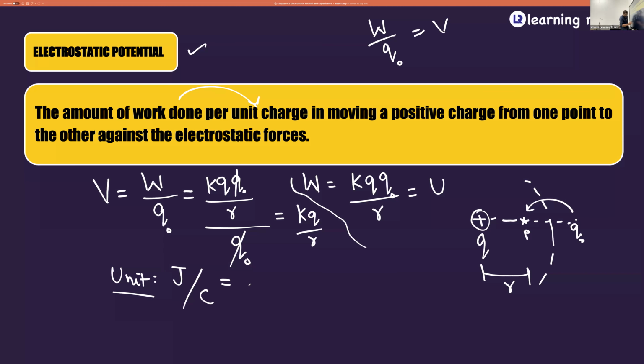So joule per coulomb gives us volt, capital V. So electrostatic potential is measured in volt. Am I clear with this? If you observe, U is given as minus K Q Q naught divided by R, and V is given as K Q divided by R.